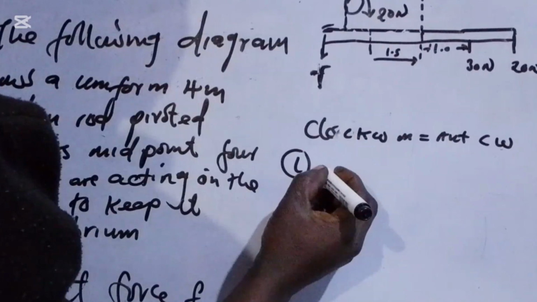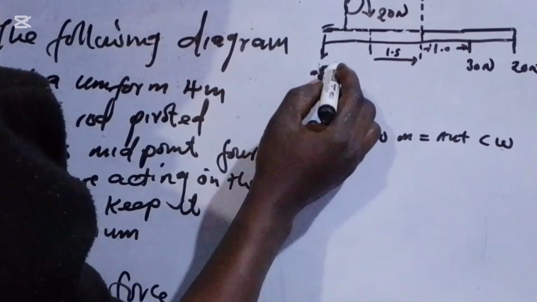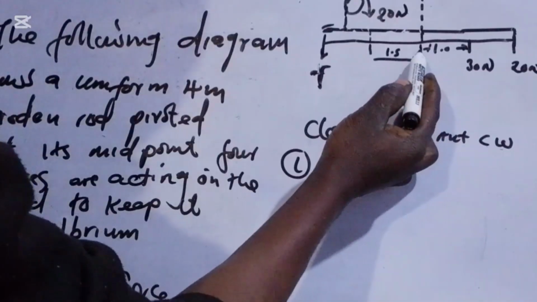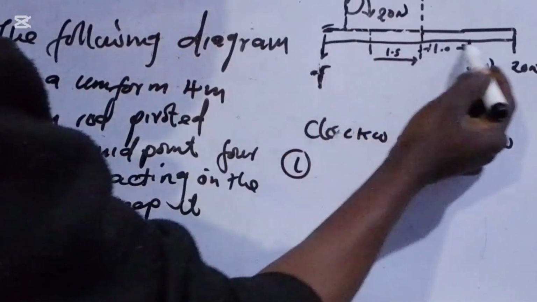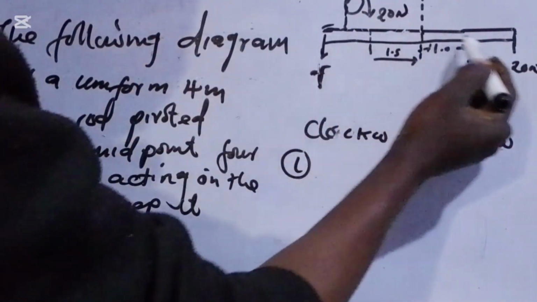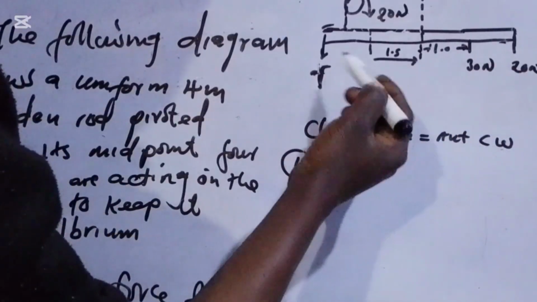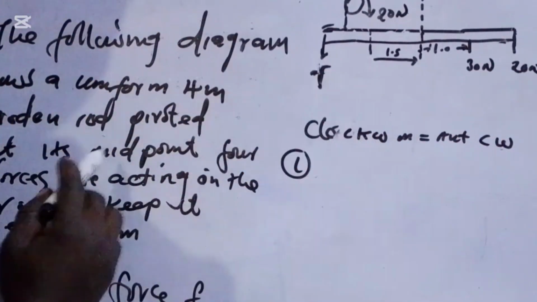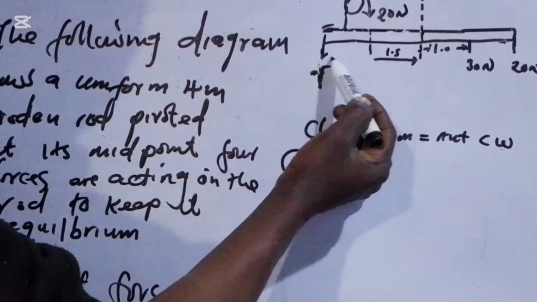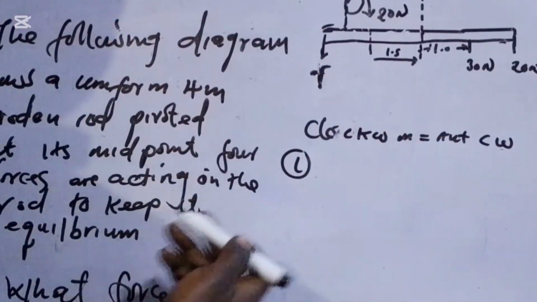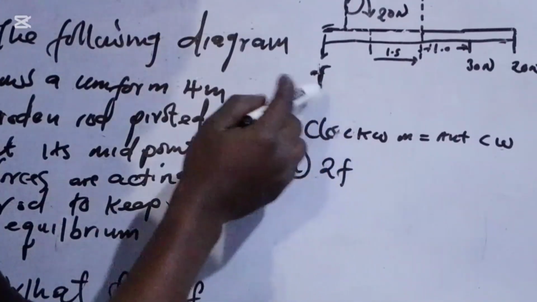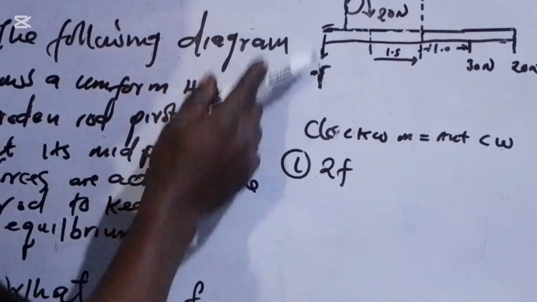So this distance from here to here, it is 2, because this whole wooden rod is 4 meters. Because it is at the middle, that means from here to here it is 2 meters. So here we have 2 times F, which is the force acting downward.